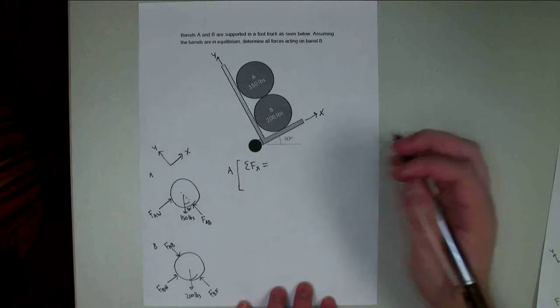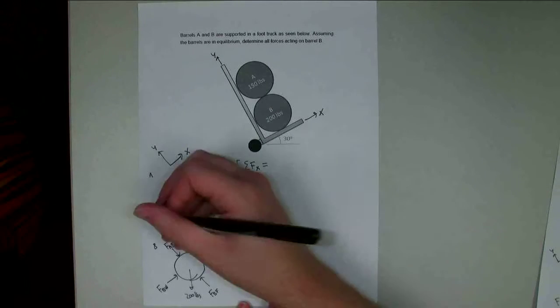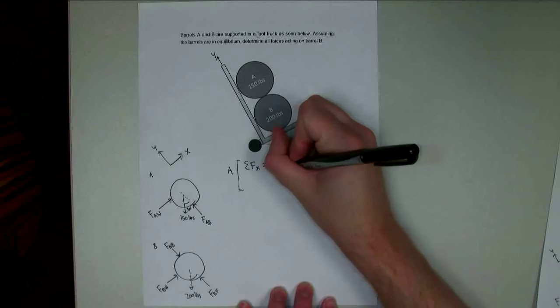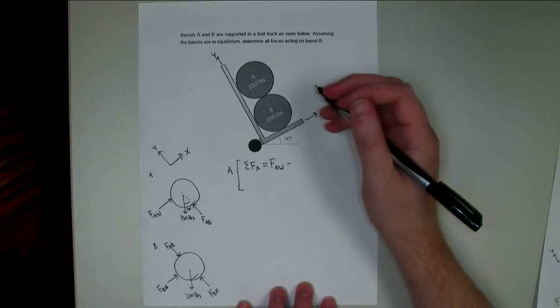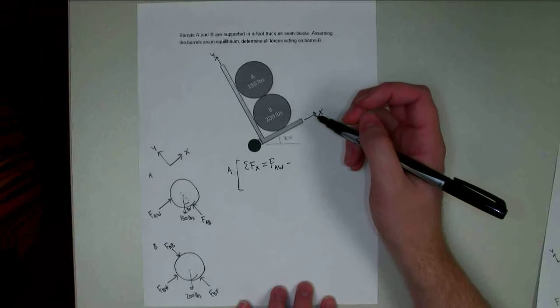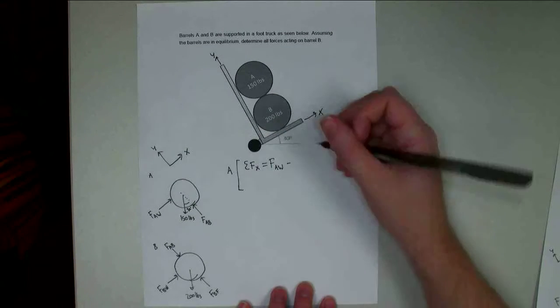from the Y axis. Alright, so in the X direction, I'm going to have FAW, and I'm going to subtract off 150 times the sine of 30 degrees. That is the X component of this vector here.